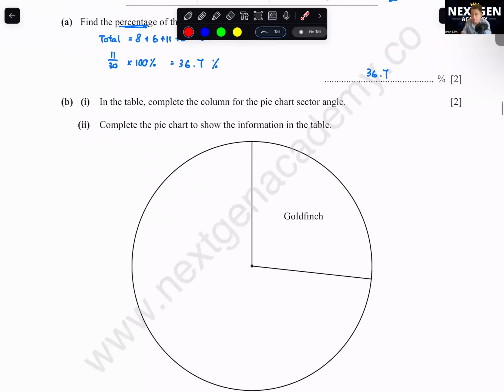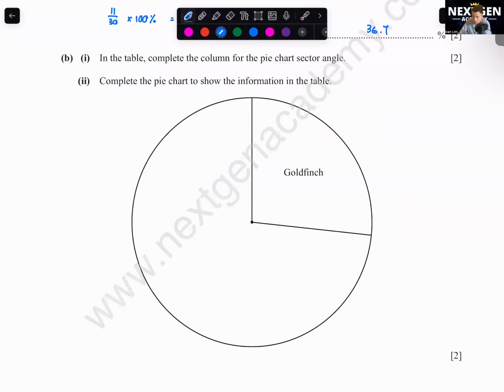I'll just roughly draw, so this one here might not be very accurate. You can put it in different order also, doesn't matter. So mine is around like this. Robin, Jay, Starling.